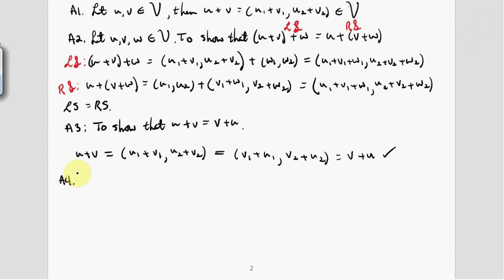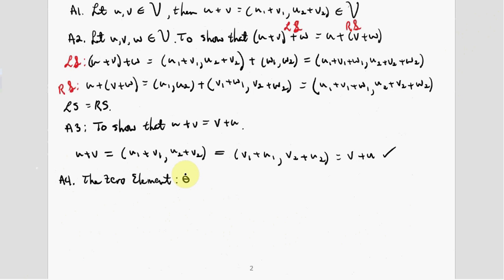Okay? So A sub 4, here we want to find the 0 element. I call it theta. I'm going to call it theta because sometimes 0 may not look like 0.